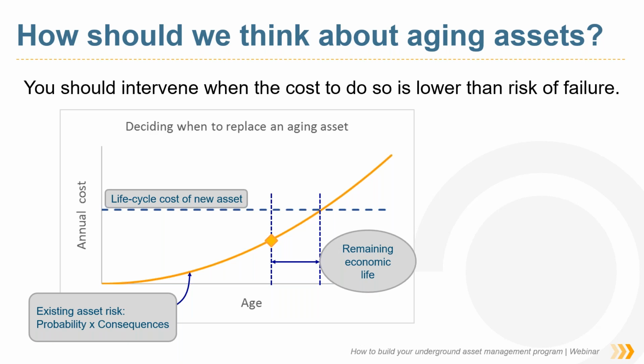In this example, this particular cable would have 10 or 15 or whatever number of years of remaining economic life. Doesn't mean it's going to fail in that period of time. It doesn't mean that it won't fail in that period of time. It just means that after that period of time, the risk will be such that a replacement or other intervention will be justified. Okay, so this is sort of a cartoon of the asset management approach.